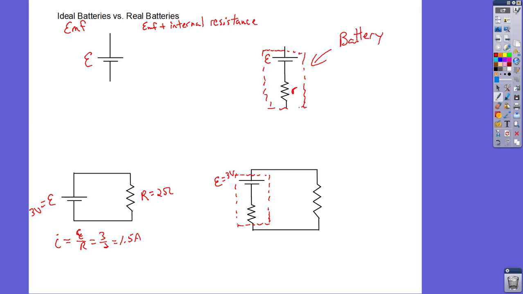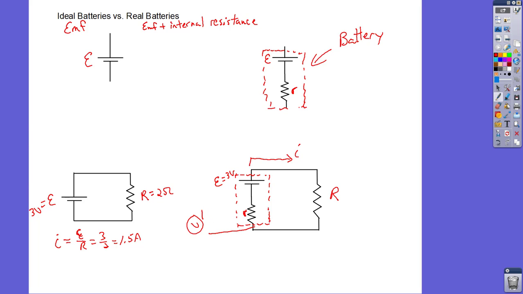Okay. But once you hook it up to a resistor and current starts flowing, there's going to be some voltage drop due to the internal resistance, little r. So if you take your voltmeter, remember with a voltmeter you would just put that like there and there.